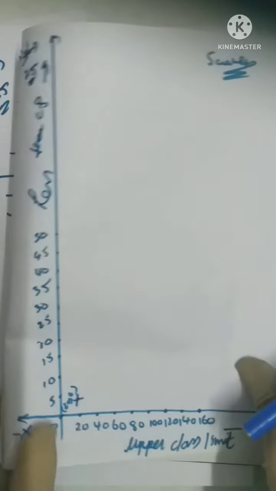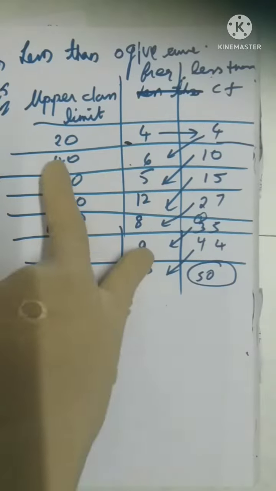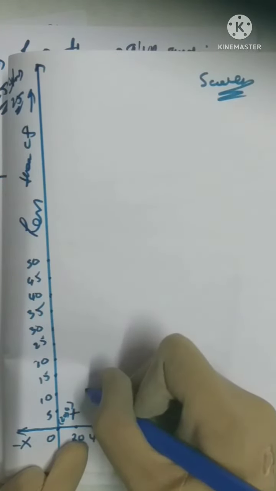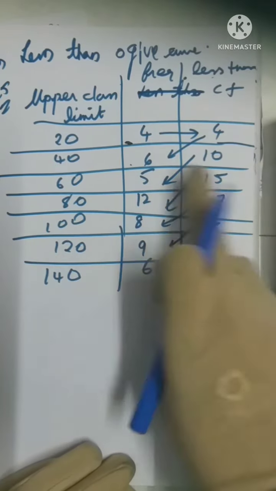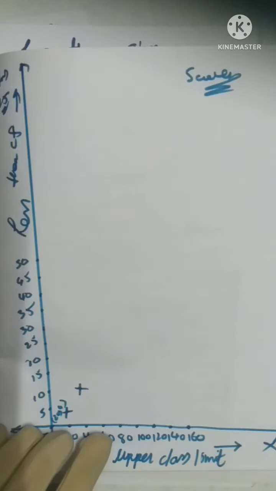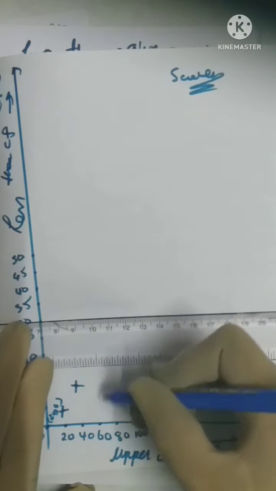Okay. Next we have, we'll write the points afterwards. First we'll plot. When x is 40, y is 10. When x is 40, y is 10 means it is here. When x is 60, y is 15.